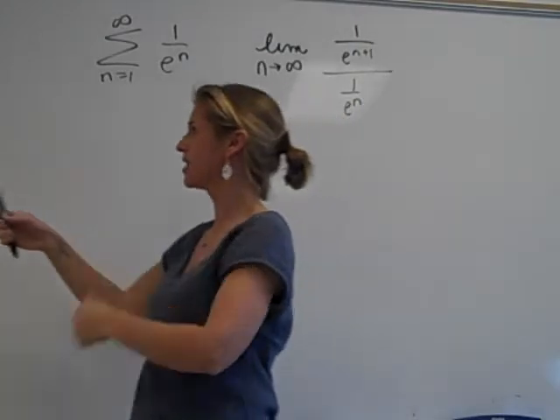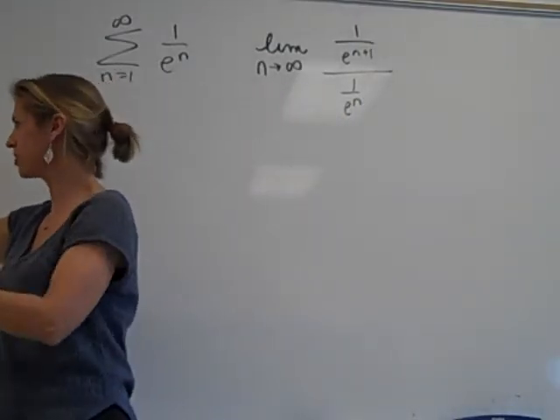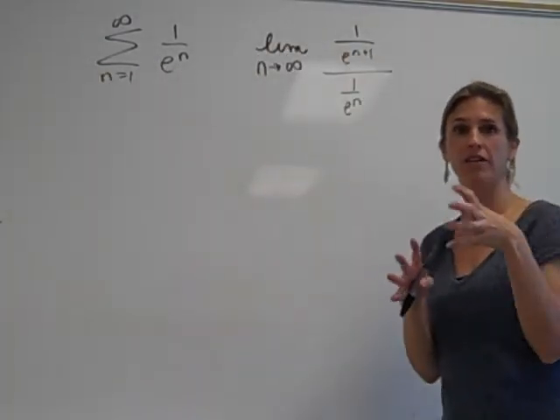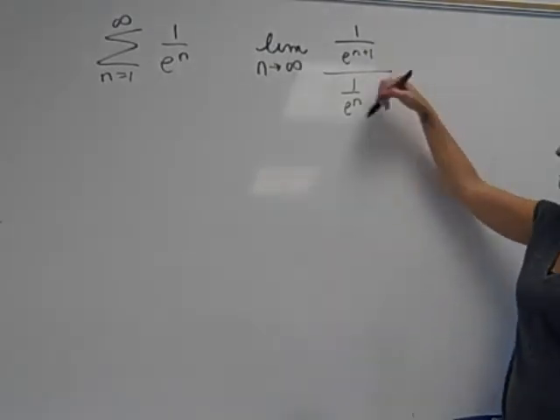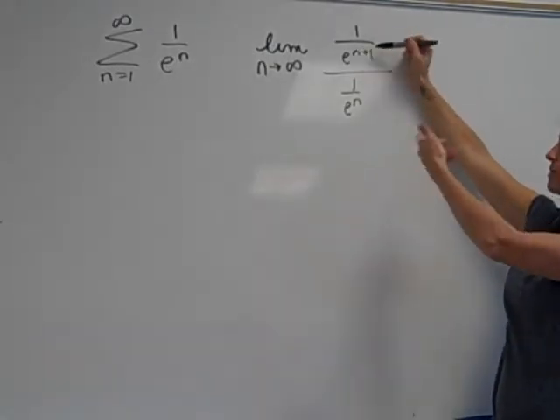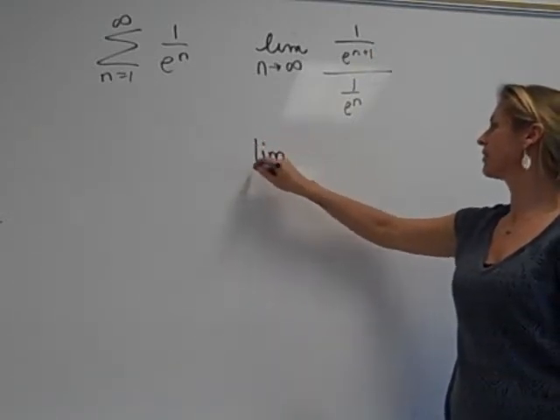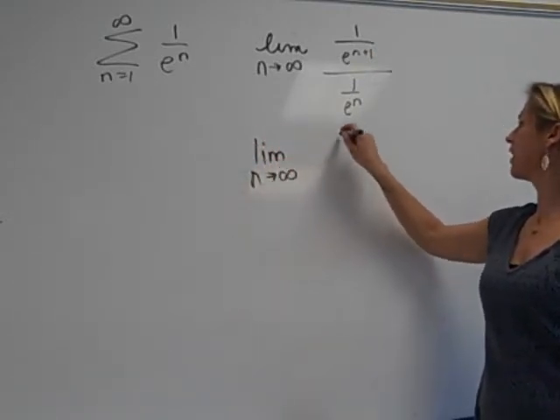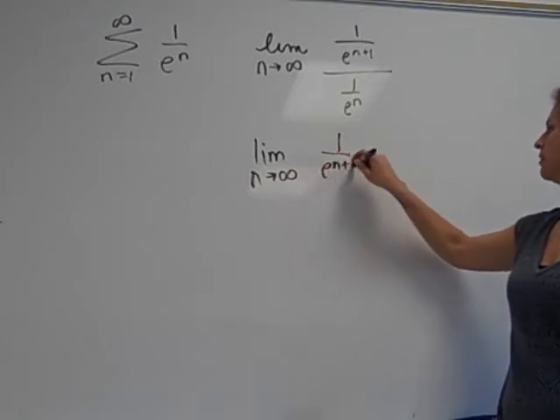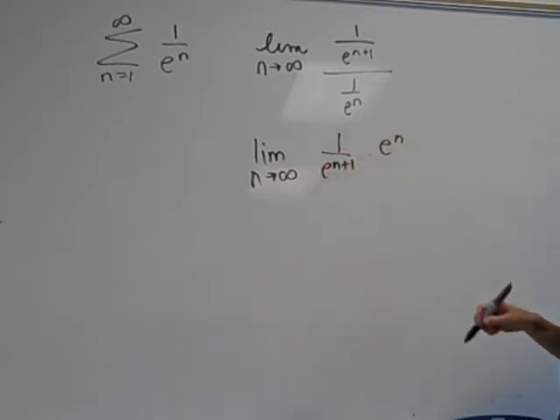Look at my n+1 term and my n term and put one over the other. Just take all the n's, make them n+1s, and then put it over the regular series notation. For each one of these, you're usually going to have a flipping and multiplying. So if I were to rewrite, I'd have 1 over e to the n+1 times e to the n.